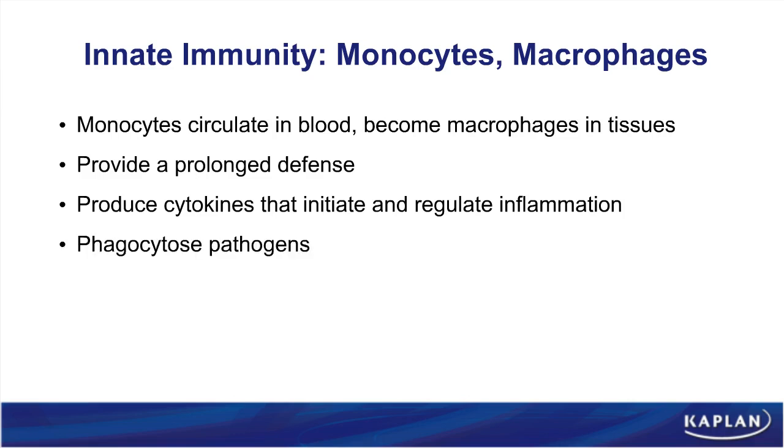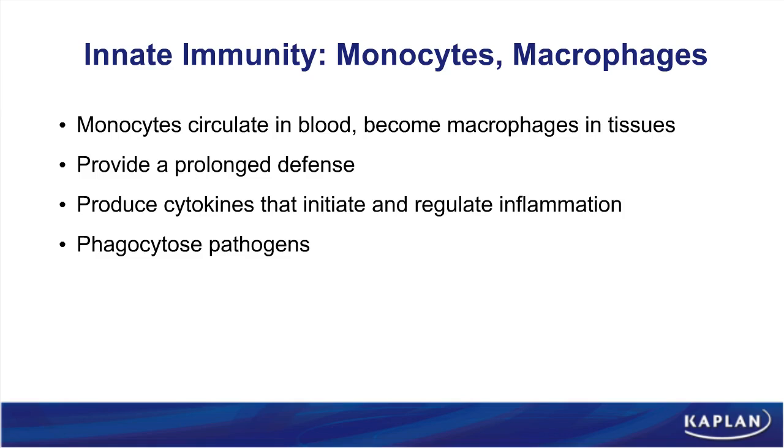In addition to their role in inflammation, they are also really good at phagocytosis. They are very reliant on complement and antibodies to help them with that through a process called opsonization, which Dr. Ali is going to talk to you about in just a little bit.